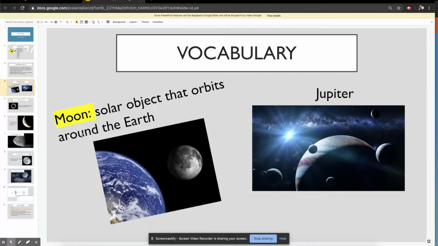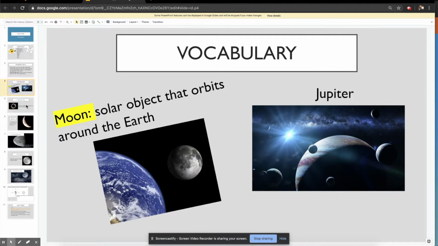For example, if you're at school and you're moving around your desk, you're orbiting your desk. That's just an example. So Earth, we only have one moon. Jupiter, on the other hand, in other words, every planet could have a different number of moons. Not all planets have one moon like Earth does. Jupiter, for example, has 69 moons. That's amazing.